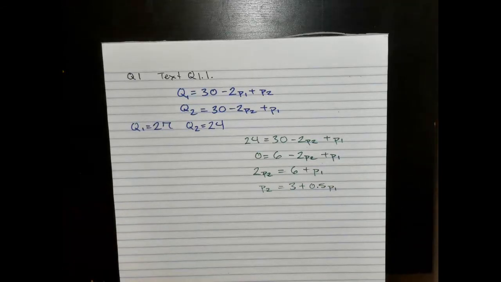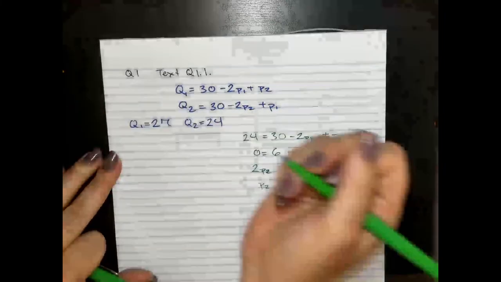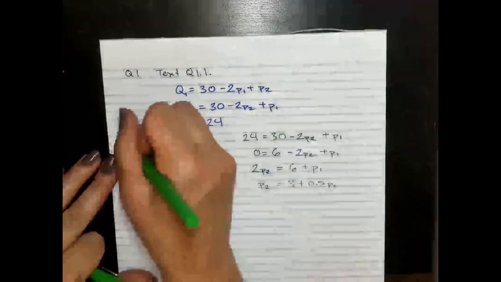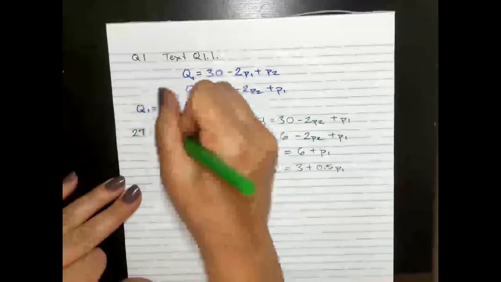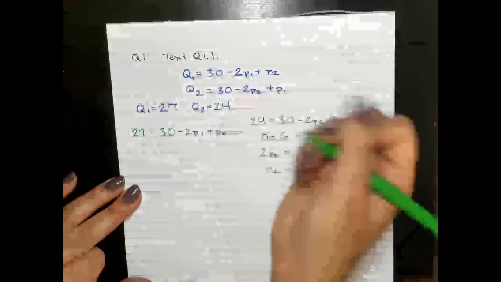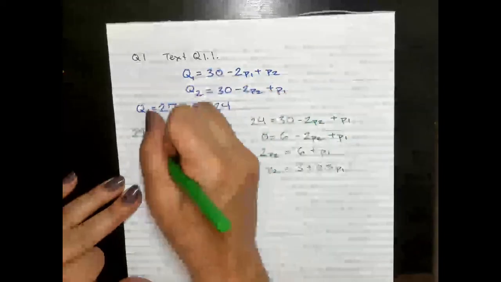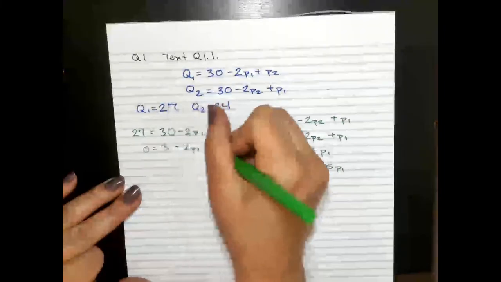Now I can insert that into the other equation, or if you wanted to start with Q1, you could. And with Q1, we'd have 27 is equal to 30 minus 2P1 plus P2, or 0 equals 3 minus 2P1 plus P2.